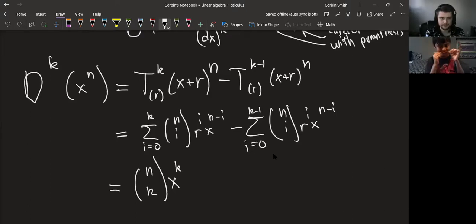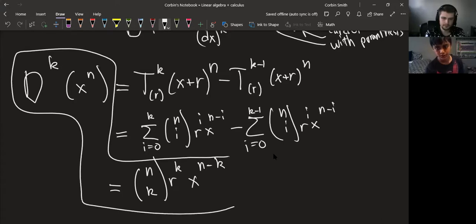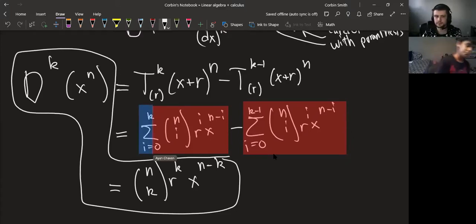Then it's r to the k times x to the n minus k, because this sum cancels with most of the part of this sum, and then this treats it like they were expanded, and then the blue part would be just that.